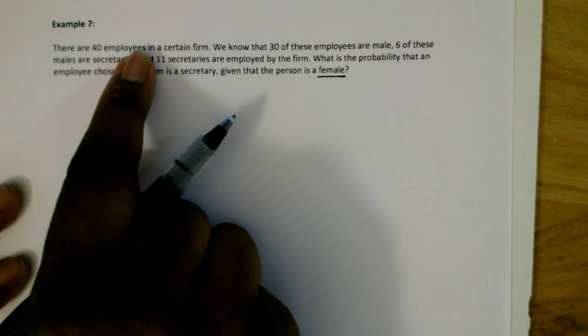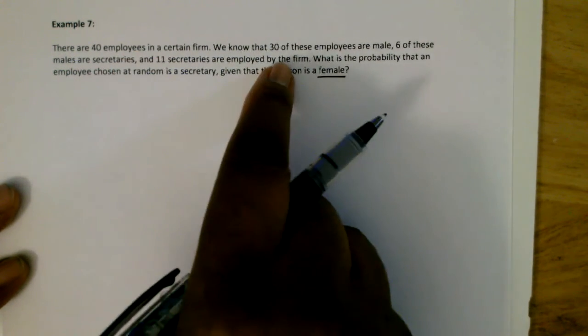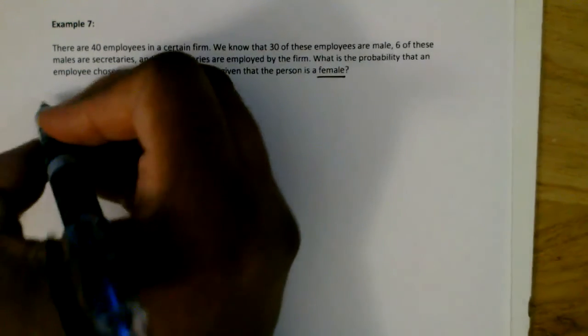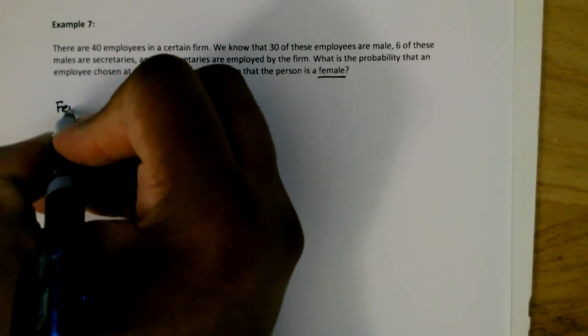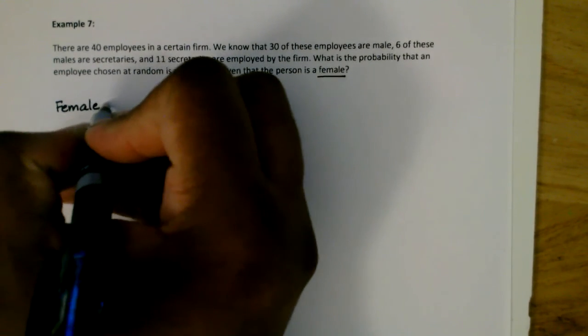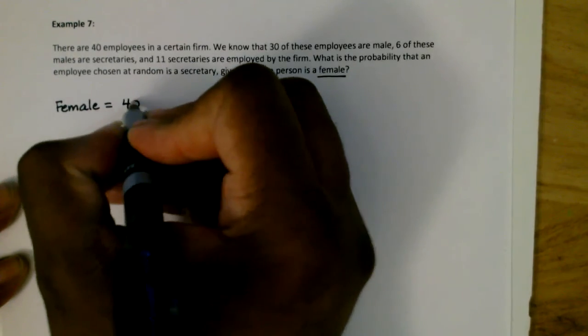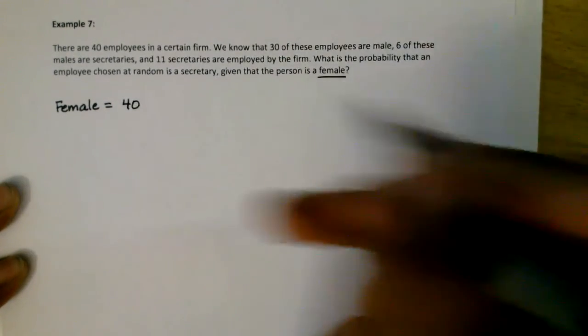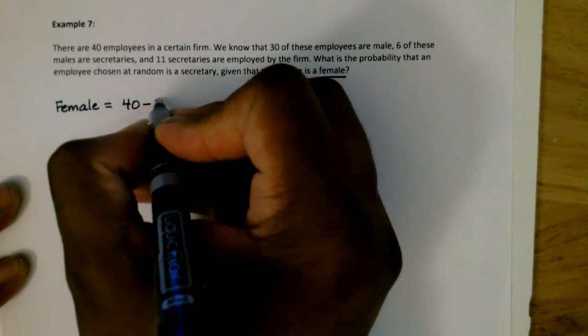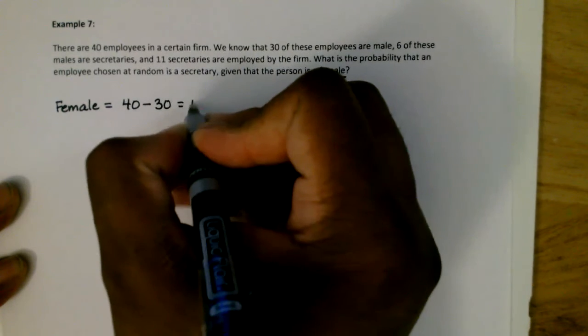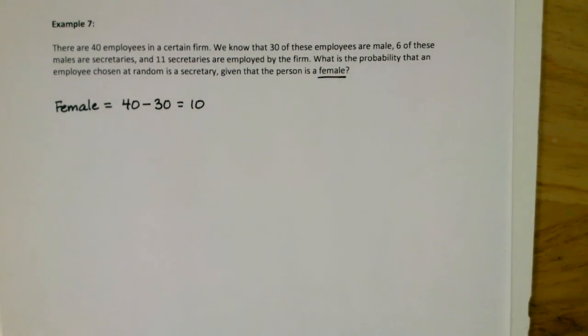So let's take what we have here. 40 employees at a certain firm, 30 of them are male. All right, so let's find out how many females we have. We got 40 employees. So if 30 of them are male, subtract 30 from 40. That would give us 10. So we know 10 of these employees are female.